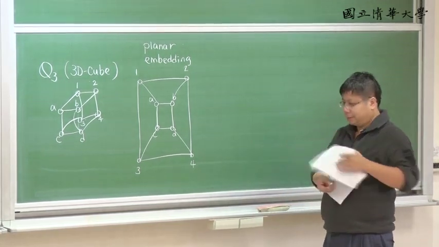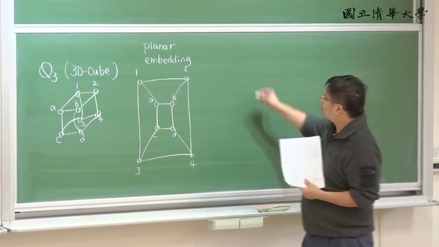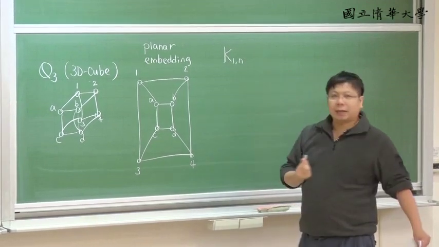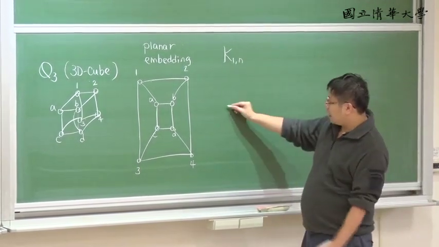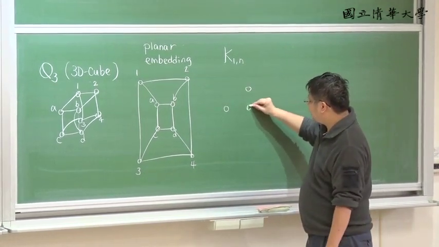For instance, we have studied bipartite graphs. We have also studied complete bipartite graphs. Let's consider K1n. What is K1n? K1n means that I have one vertex on one side, and n vertices on the other side.